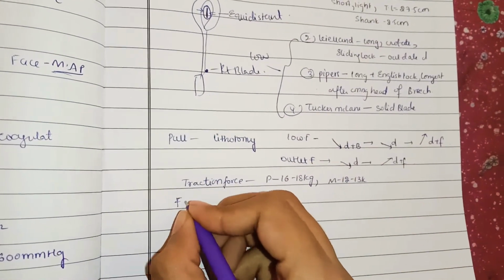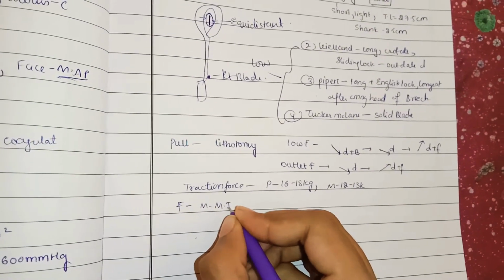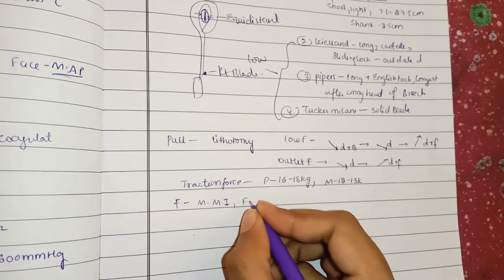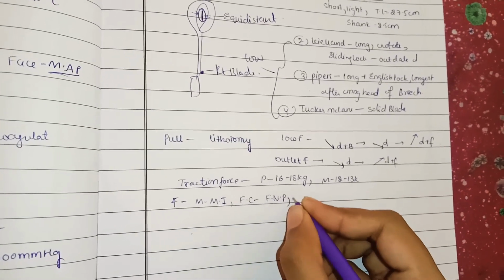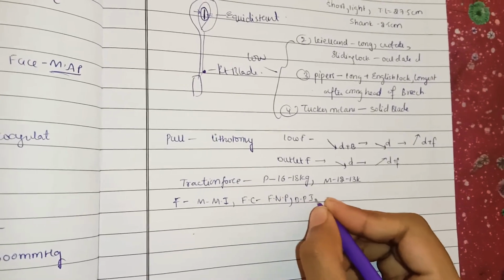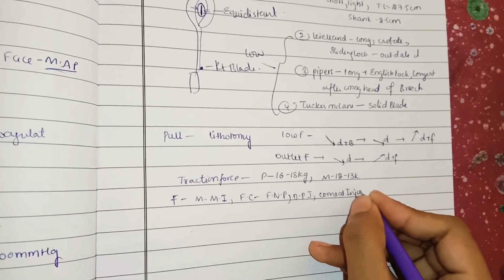Now coming to complications of forceps and vacuum delivery. For forceps, there is more maternal injury, and the fetal complications are facial nerve palsy, brachial plexus injury, corneal injury.